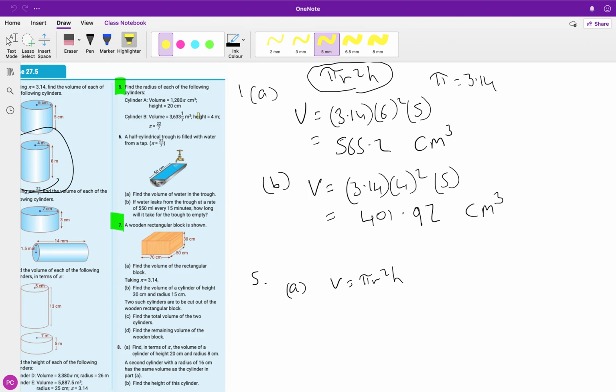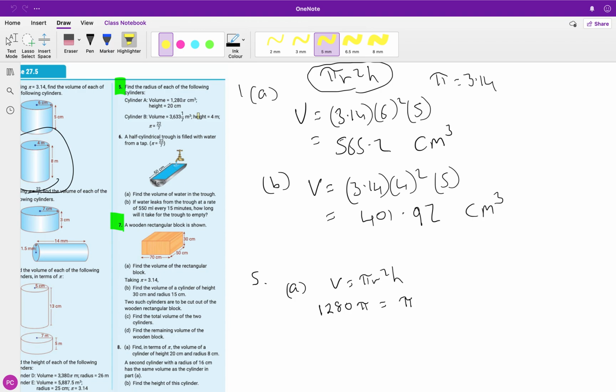In this case, they give us the volume as 1280 pi. So 1280 pi, which I sub in for volume, is equal to pi r squared h. So it's going to be pi, radius is what? Where's the radius of this cylinder A?